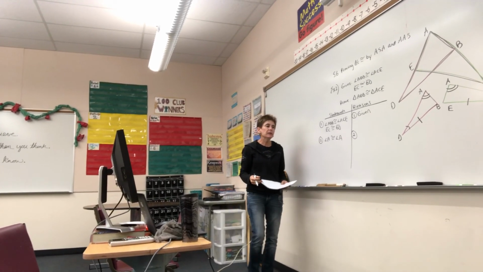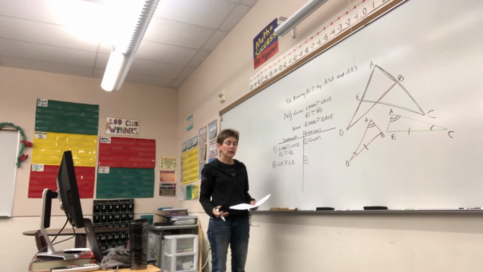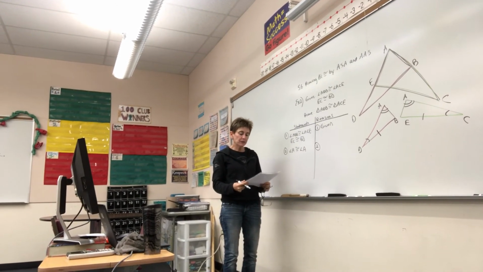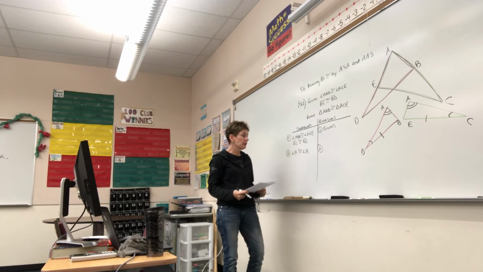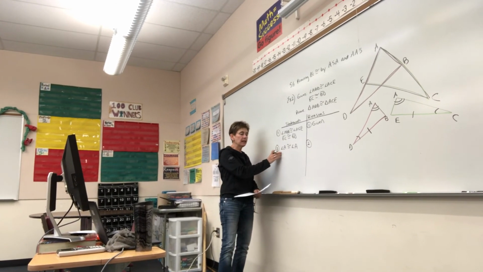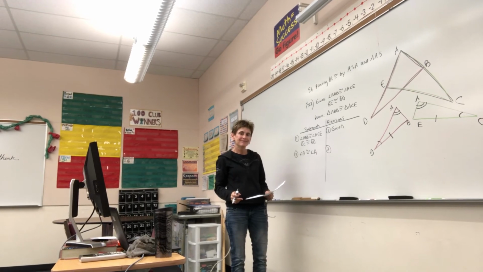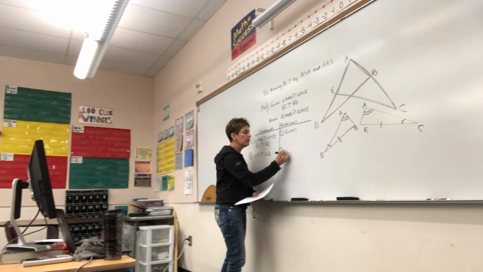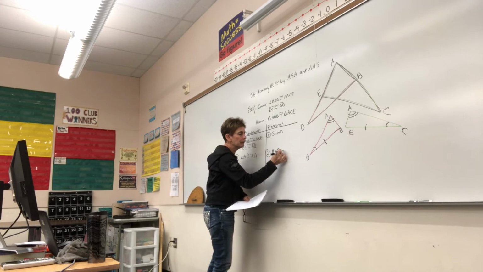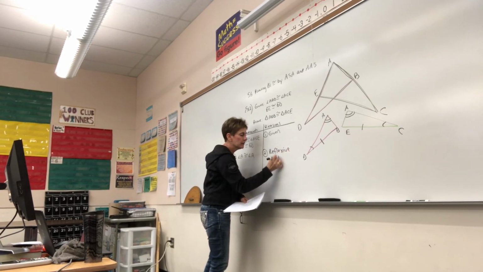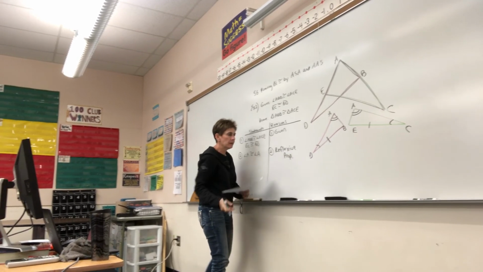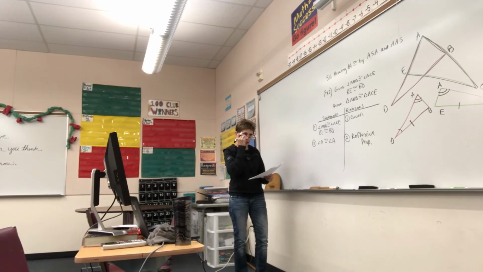This is probably the reason that we've used most in this chapter, and I'm wondering if you know what it is. It would be under reasons for proving angles are congruent in your word bank. It should be the reflexive property. Reflexive property. Cool.